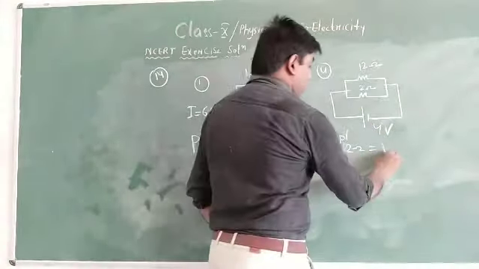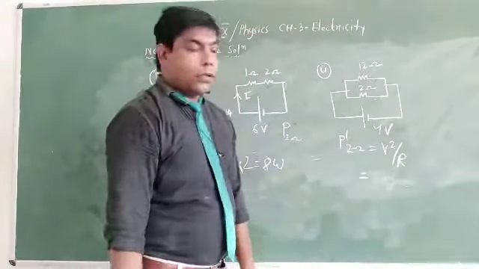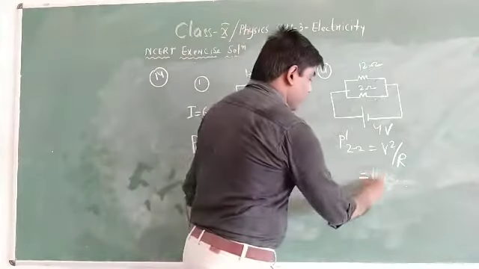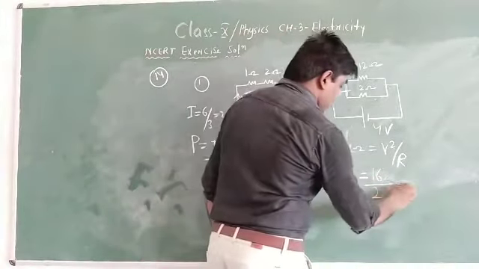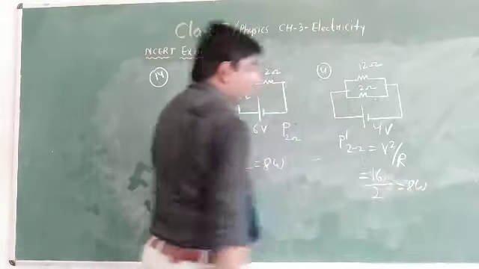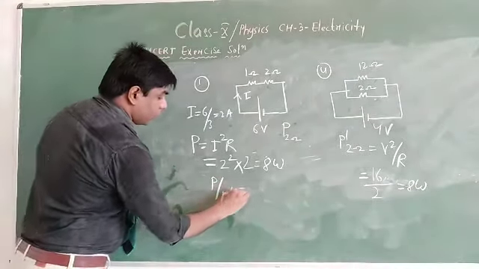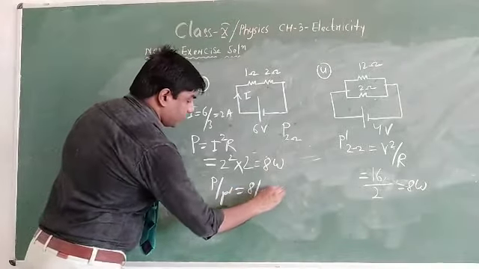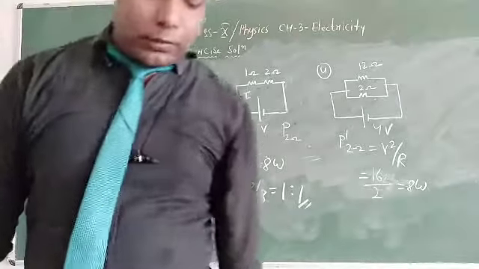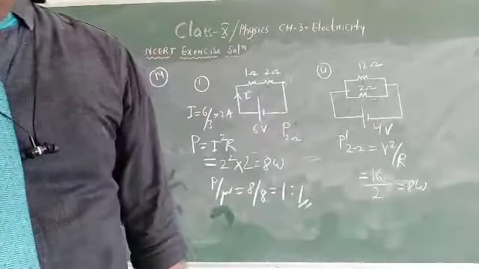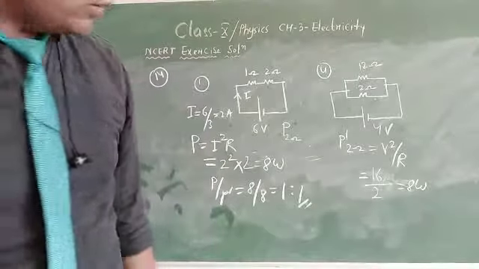So power is equal to V square by R, right? V is 4 volt and resistance is 2, so that is 8 watt. See, both the powers are the same. So P by P dash is equal to 8 by 8, that is 1 is to 1. So in both the cases the power consumption is the same, so the ratio of power consumption will be 1 is to 1, right?